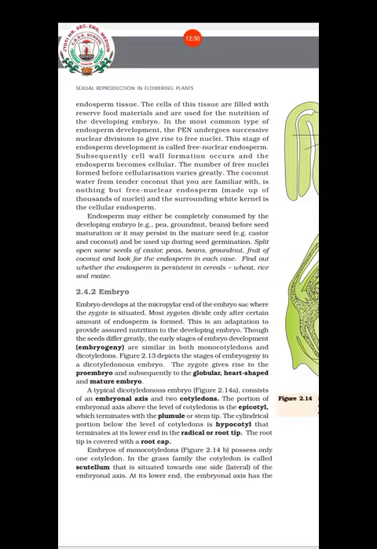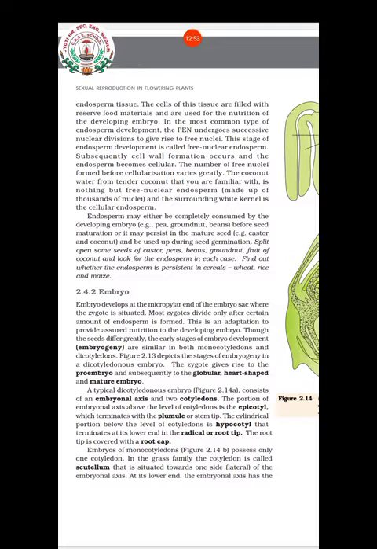Okay, so you can see a very common example, coconut water. The water from the tender coconut is actually what? Free nuclear endosperm. Okay, that is the free nuclear endosperm, and you can see a white kernel that you can use for eating.